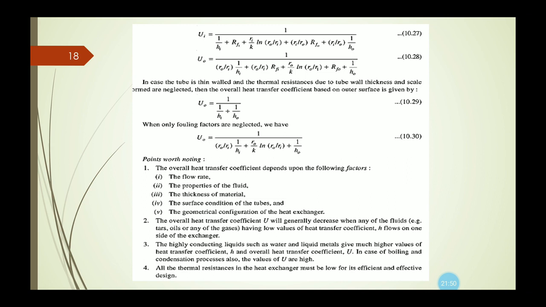And when only the fouling factors, that is the Rf part, are neglected, we get U naught equals 1 by [R naught by Ri multiplied by 1 by Hi plus R naught by K ln Ro by Ri plus 1 by H naught]. So these are some special cases, neglecting the scale formed and neglecting the fouling factors.